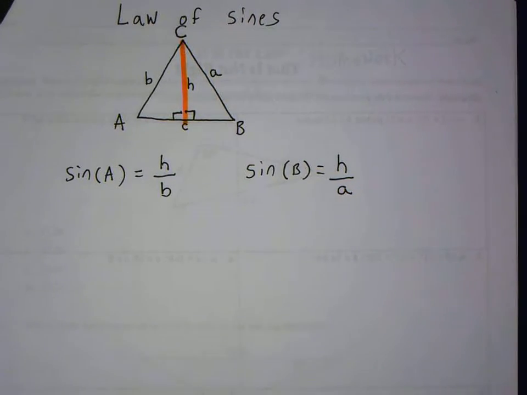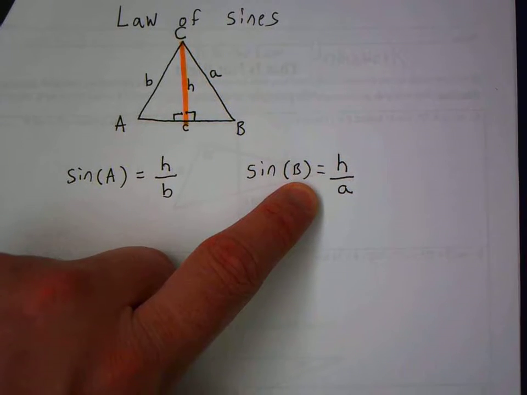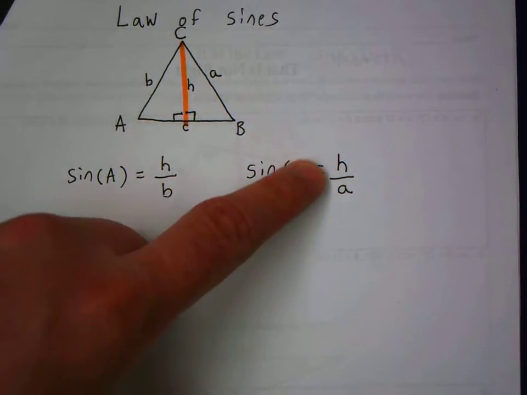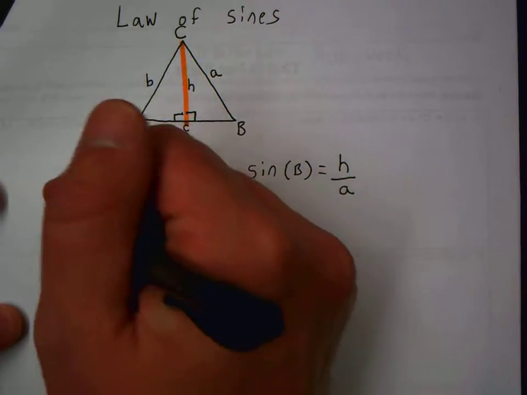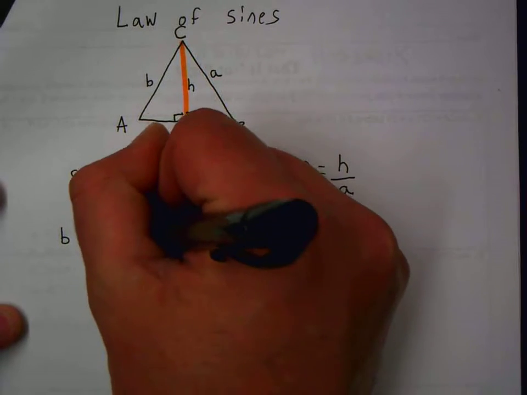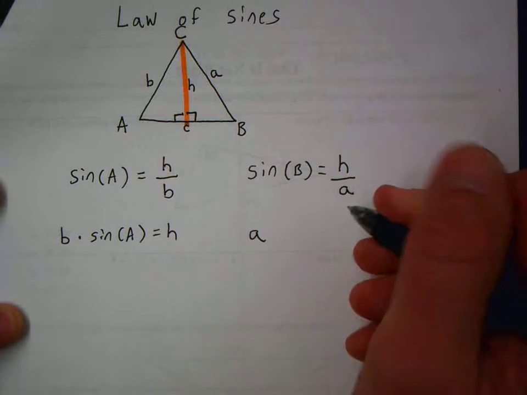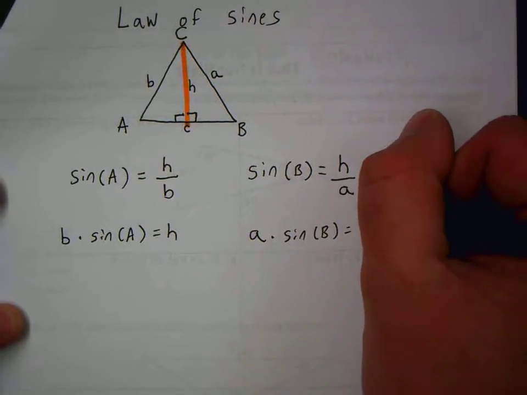Now, this is kind of like systems of equations. We have this equation and this equation. Besides sine, what do they have in common? They both have h. So what if I solve them both for h? If I multiply both sides by b, I get b times the sine of A equals h. And over here, if I multiply both sides by a, I'd get a times the sine of B equals h.